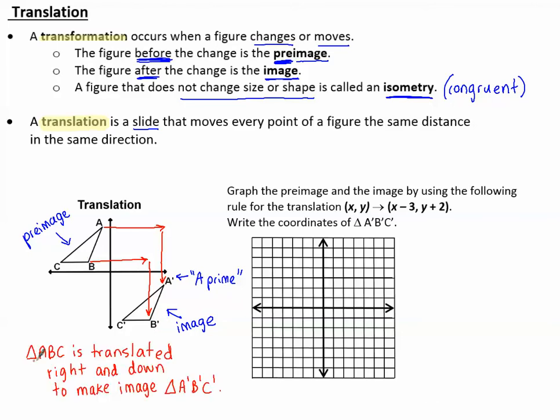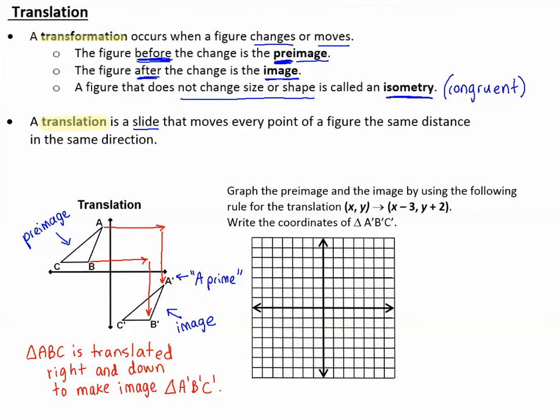So we can say triangle ABC is translated right and down to make the image triangle A prime, B prime, C prime. Notice that this triangle and this triangle are congruent. This is an isometric transformation. It is an isometry because it does not change size or shape from the pre-image to the image.